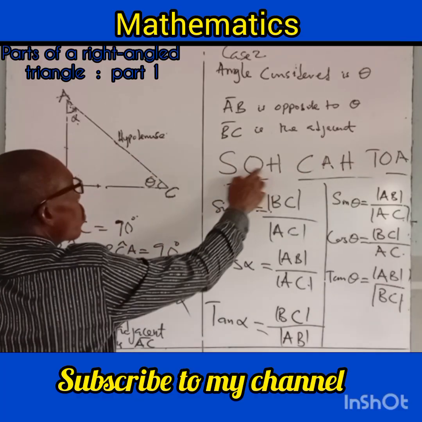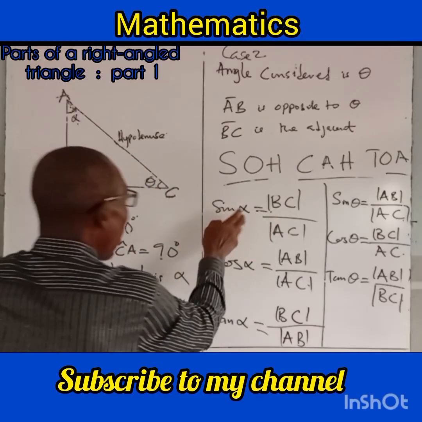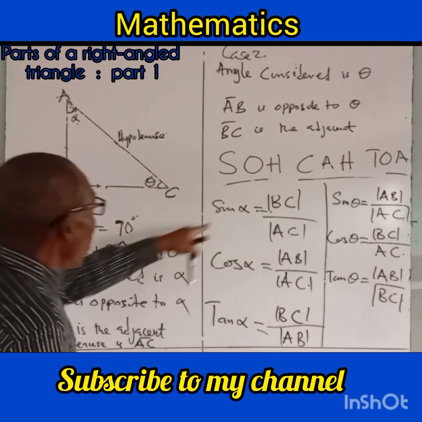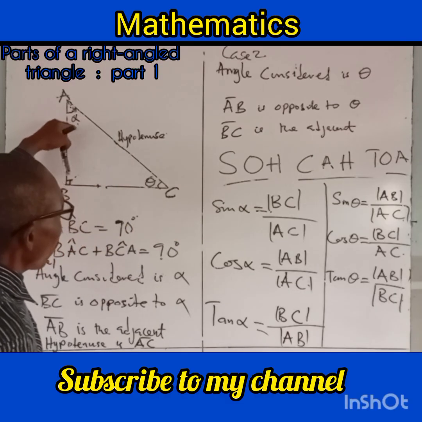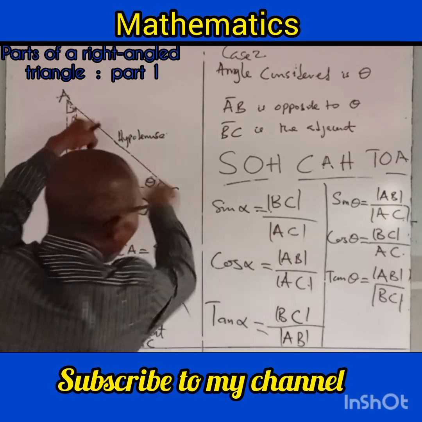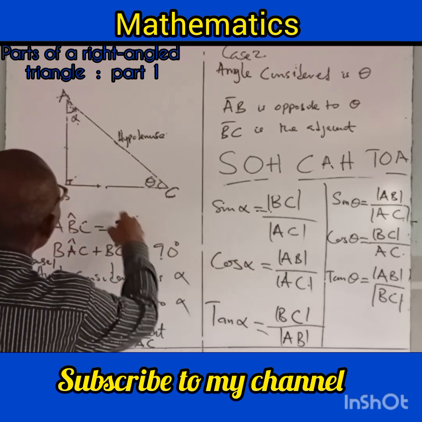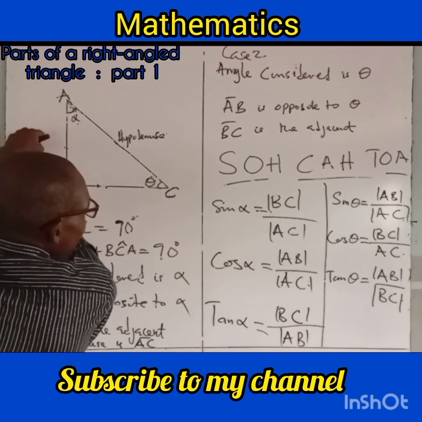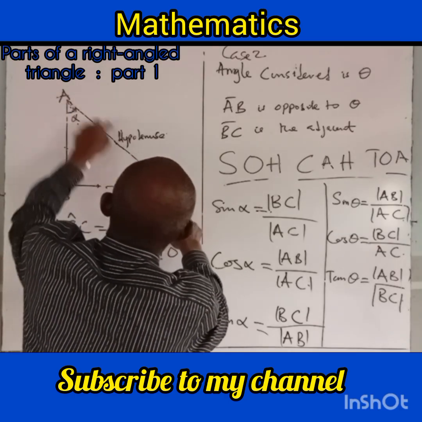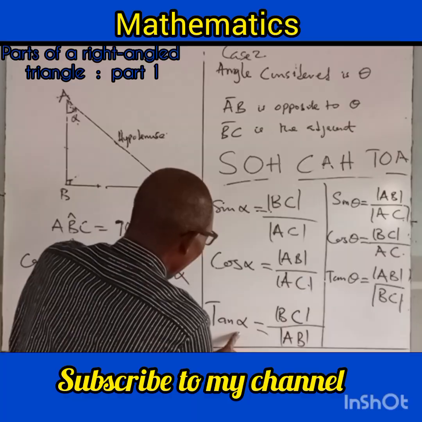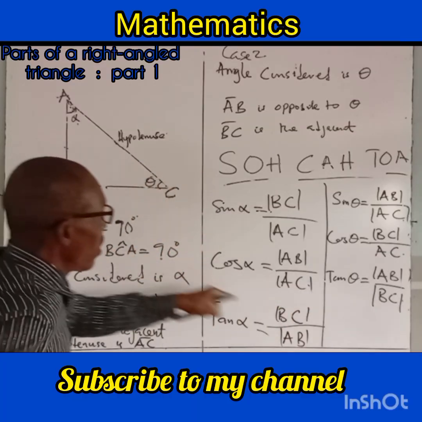Sine is opposite over the hypotenuse. In case 1, our opposite is BC. BC is opposite to alpha, and AC is the hypotenuse. Cos alpha is the adjacent, AB, divided by the hypotenuse AC. Tan alpha is BC, which is the opposite, divided by the adjacent.